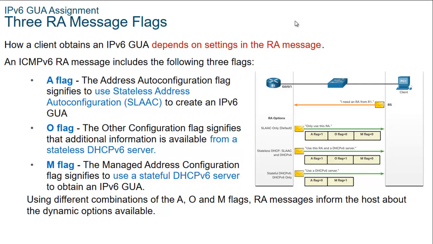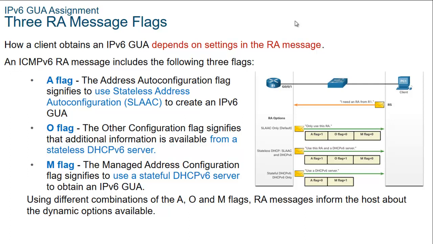The M flag is the Managed Address Configuration flag, and it signifies to use a stateful DHCP server to obtain an IPv6 GUA. This is what the router uses to signify whether they are using SLAAC only, a stateless DHCP, or a stateful DHCP version 6.